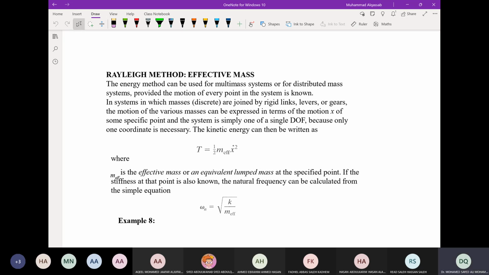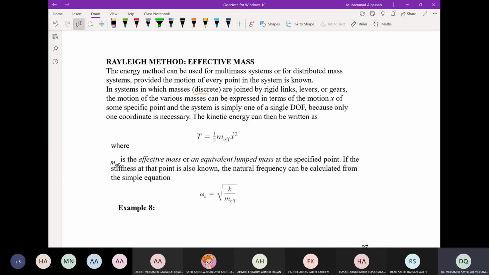The systems can be classified into two types: either discrete or continuous systems. The discrete is when you have lumped masses.